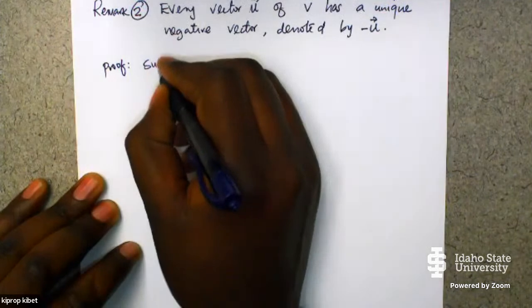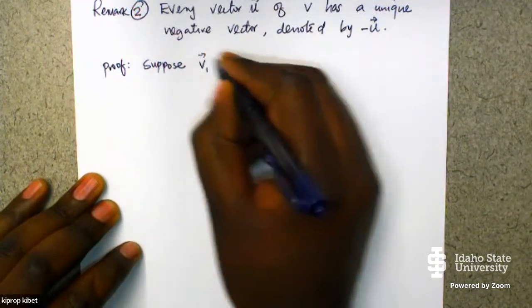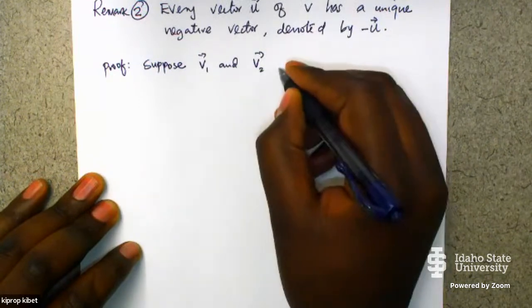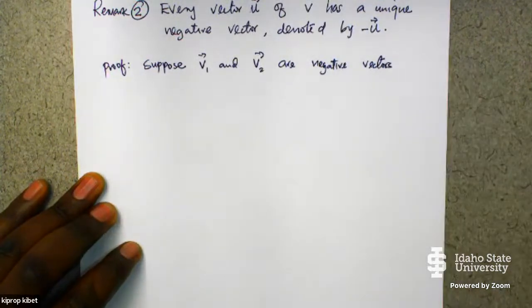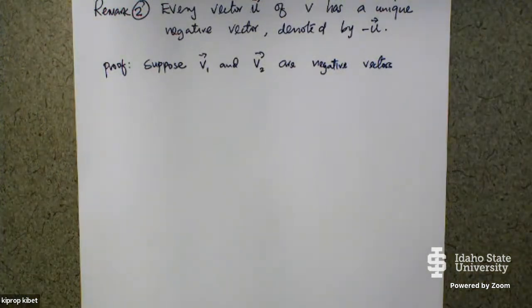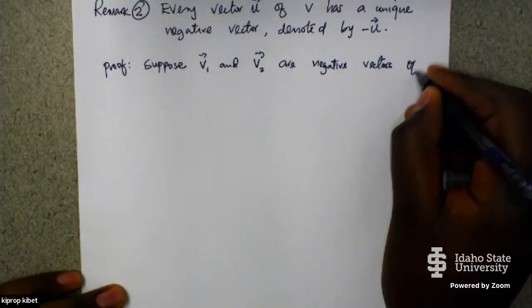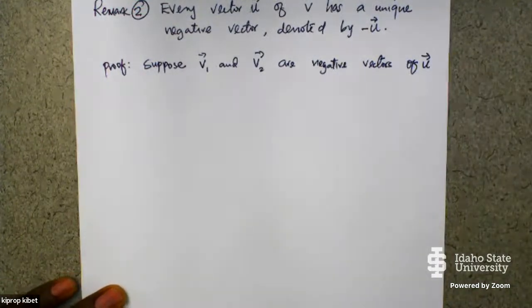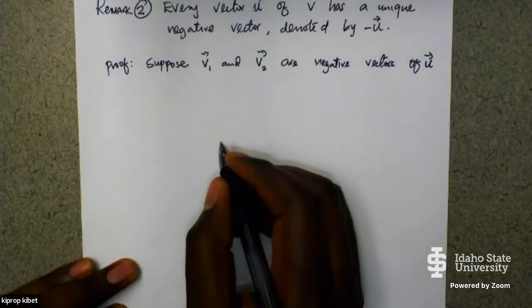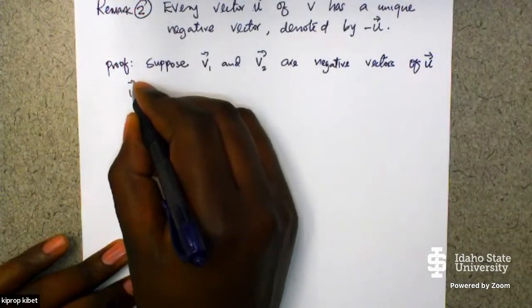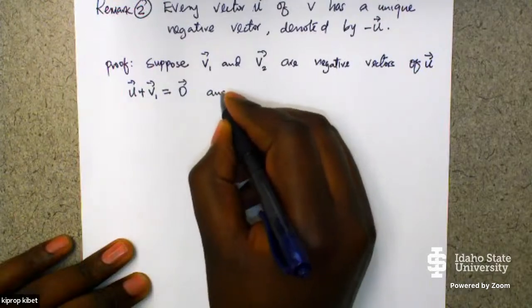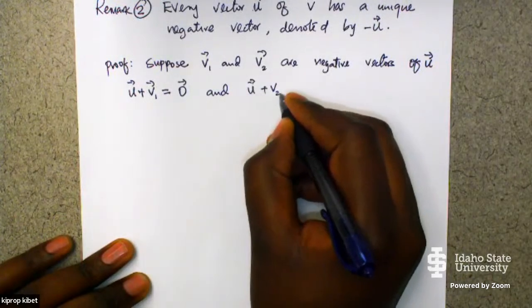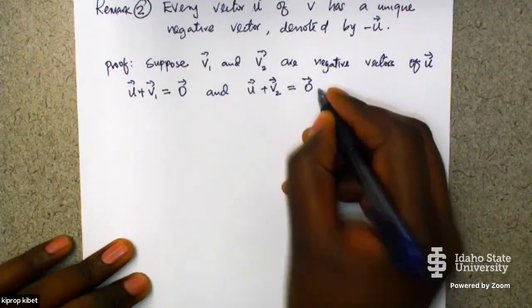Now suppose V1 and V2 are negative vectors of U. Then that means U plus V1 is equal to the 0 vector, and U plus V2 is also equal to the 0 vector.